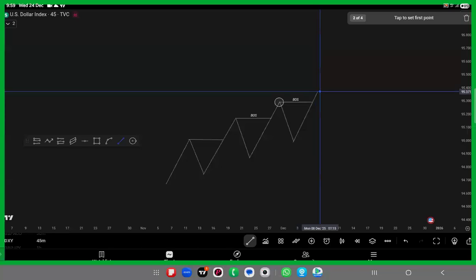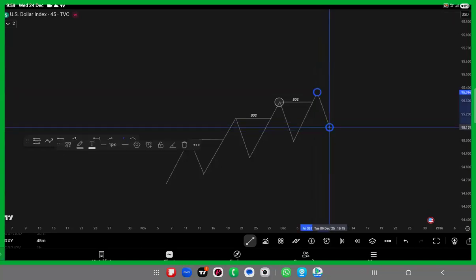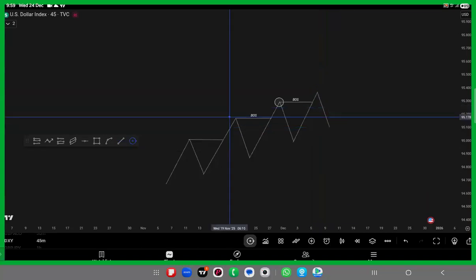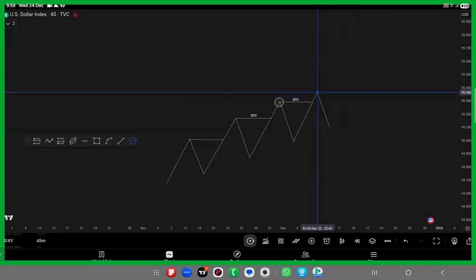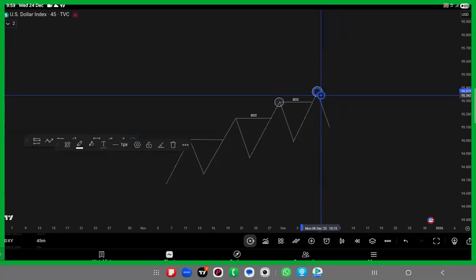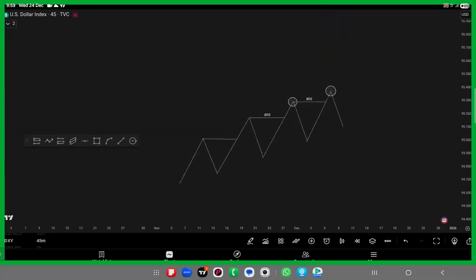Then after that, the market will have to look for a particular level to actually reject from to give us our what? The formation of a new high. So all this is what gives rise to all these highs and lows we see in the market.